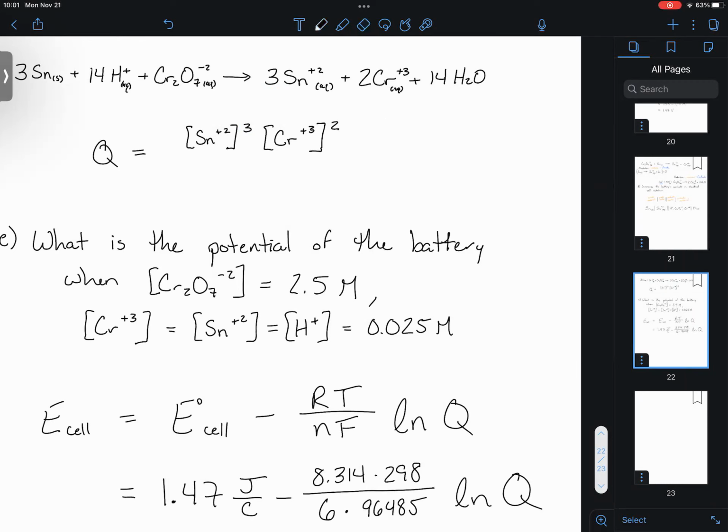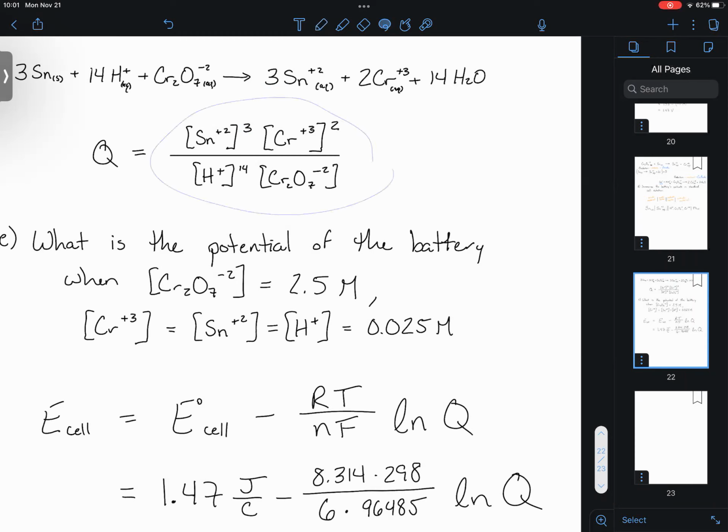Just our aqueous solutions and our gases will appear in our equilibrium expression. Likewise here, I'm not going to include the concentration of solid tin because it doesn't really have a concentration, but H+ to the 14 and our Cr2O7.